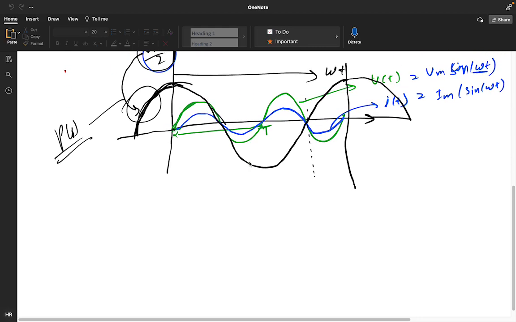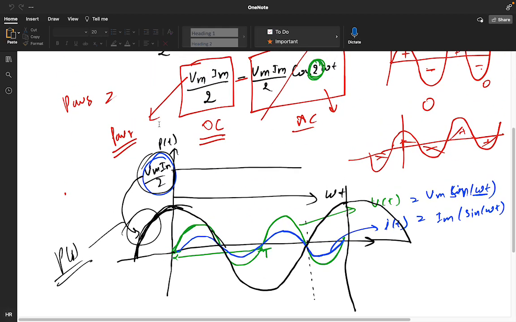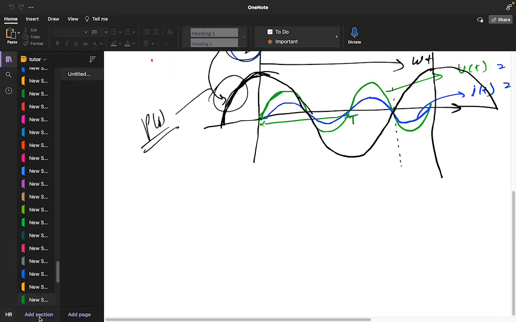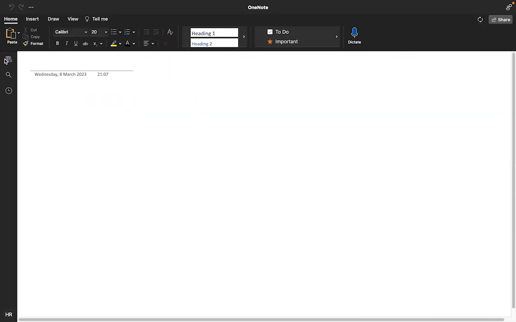So power, we had discussed that the frequency of the power is 2f. Up to power we did discuss.